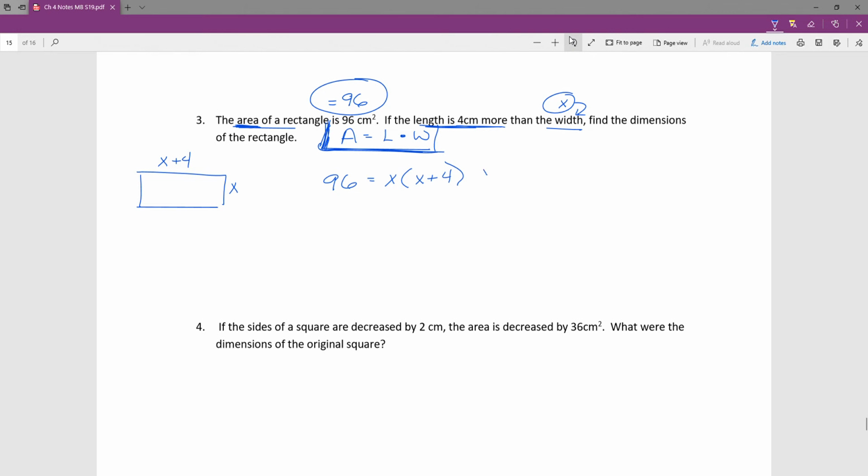Because now that I have my equation, I need to put it into standard form so that I can factor it and apply the zero product principle. So a lot of monkeying around with this one, trying to make it look a little bit more reasonable. I'm going to distribute that. I'm actually going to write it all on this side because that's the way I'm used to seeing it.